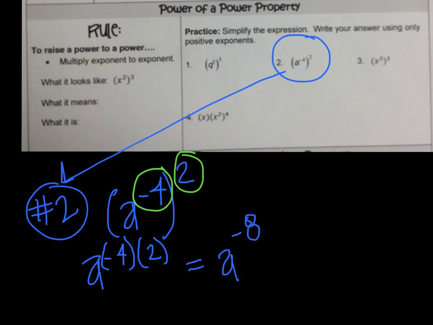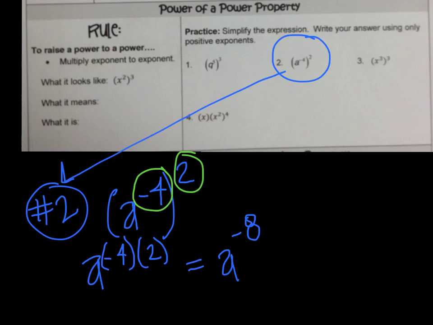Okay, but go back to your instructions. Notice it said to write your answer using only positive exponents. So we have to get rid of that negative 8 by using our negative exponent rule, or negative exponent property. And that property is, remember we have that phrase that says, cross the line, change the sign.